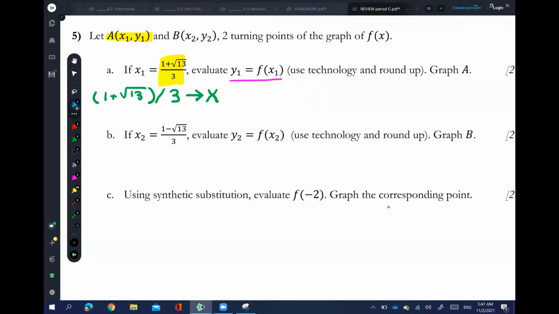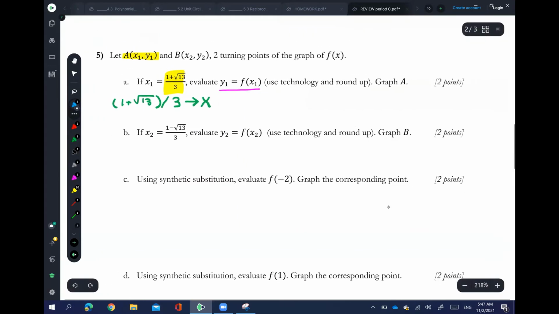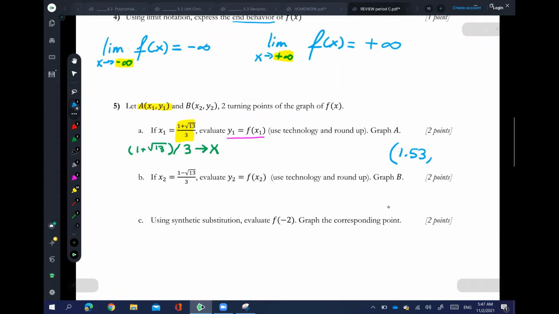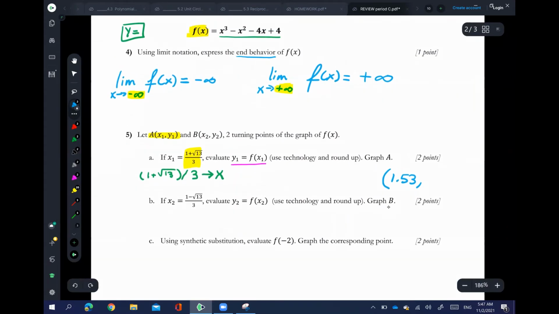Since you're going to graph it, you can preemptively write down this value of the point, which is roughly 1.53. You will be provided with a graph paper for the test. And then you're going to type on your calculator. Once this value is stored into x, you're going to type the formula for f of x.